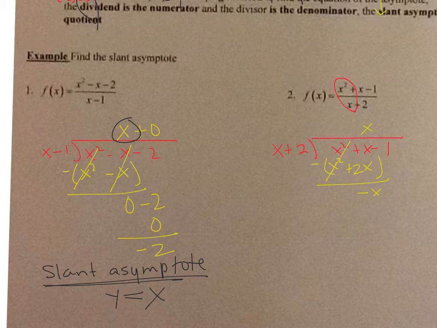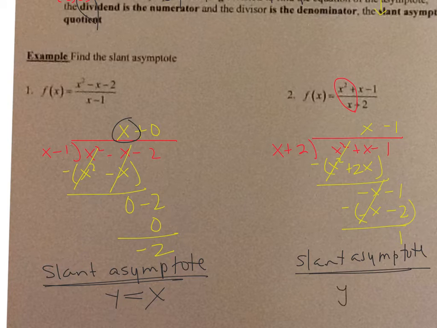Subtract, I get negative x, bring down the minus 1. Now I get minus 1 up here, multiply down, I get negative x minus 2. Subtract, and I get positive 1. So my slant asymptote is y equals x minus 1.